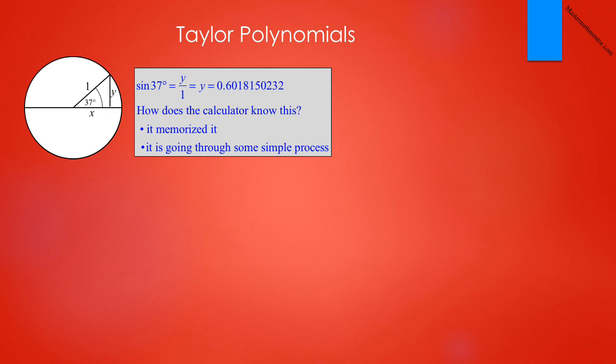So how does the calculator actually find the sine of 37 degrees? There are two possibilities. The first is that it has the 10 decimal values in the answer memorized.